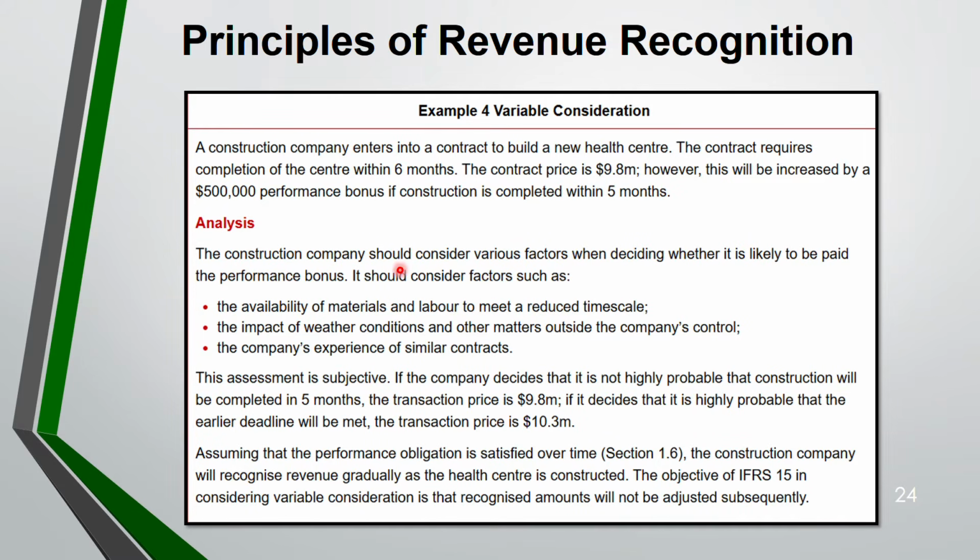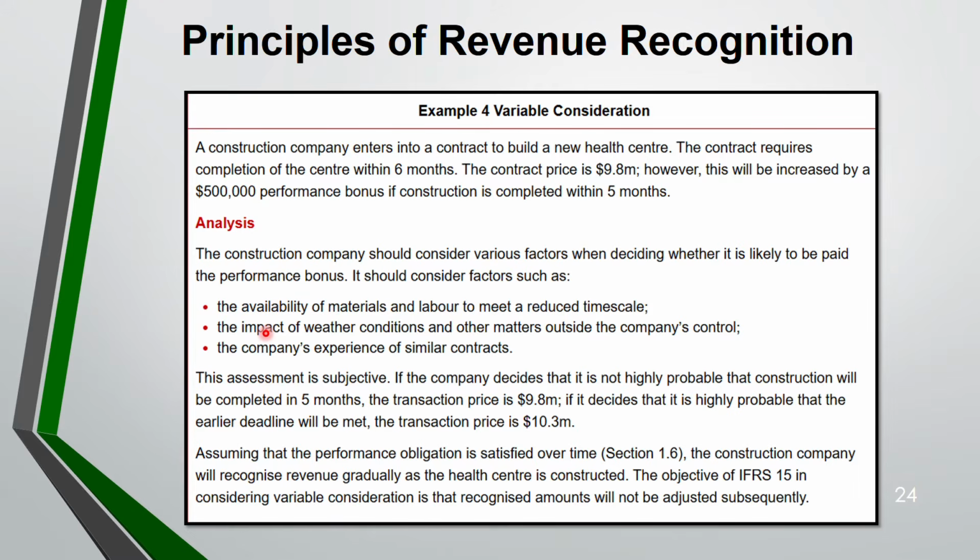The construction company should consider various factors when deciding whether it is likely to be paid the performance bonus or not. What are those factors? 1. Can they meet the contract within the reduced time scale? They have to see whether they have the available material, whether they have the available labor so that they can work faster and finish the work within 5 months rather than 6 months, the standard, the actual time.